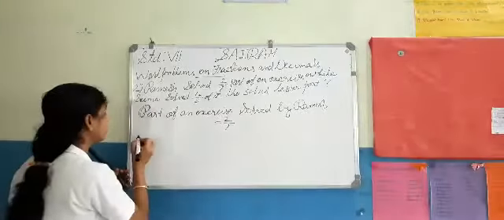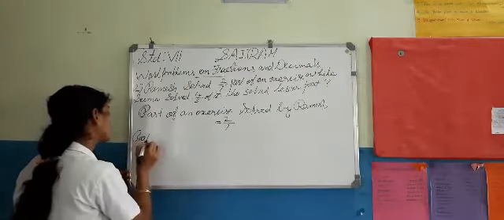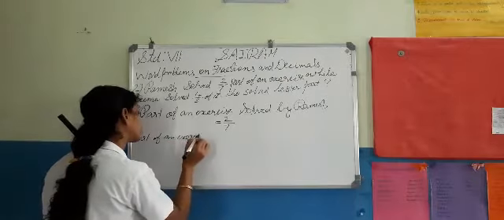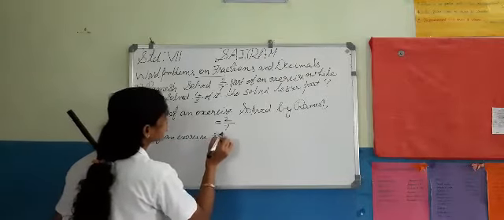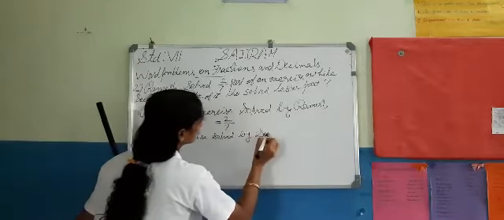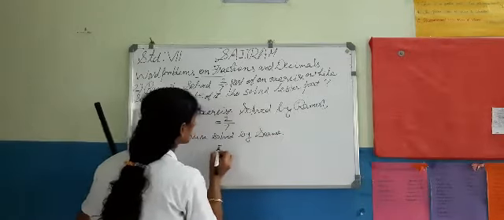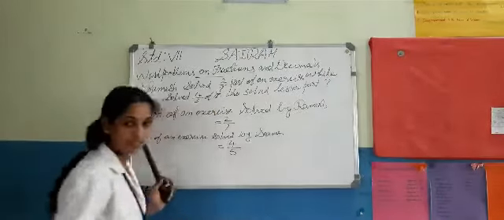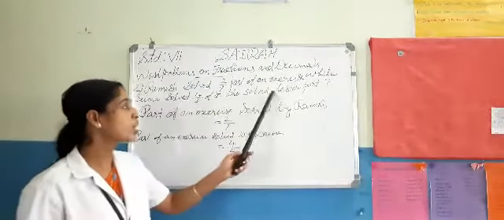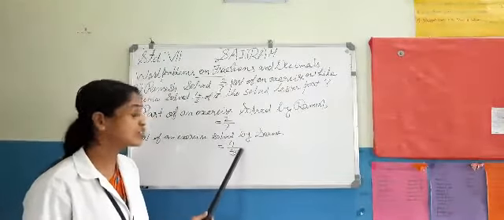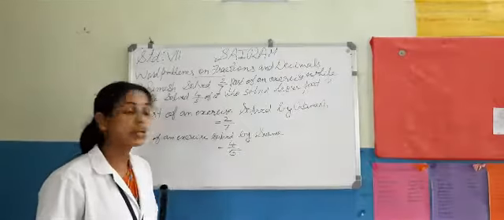The next one is the part of an exercise solved by Seema, that is equal to 4 by 5. Next we have to find who solved the lesser part. For that we want to compare these two given things.